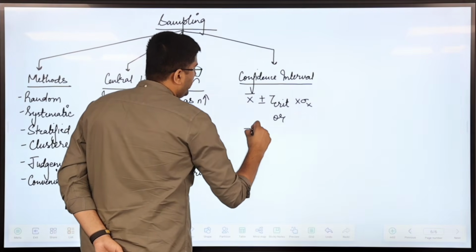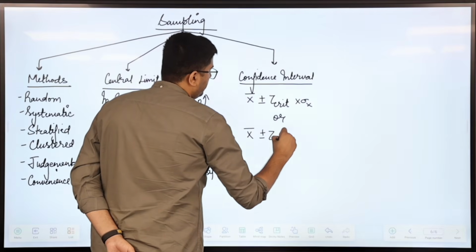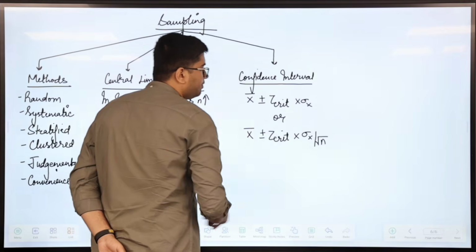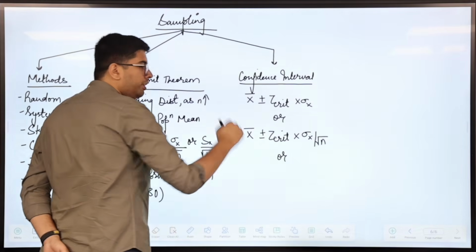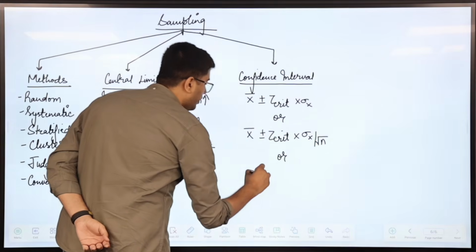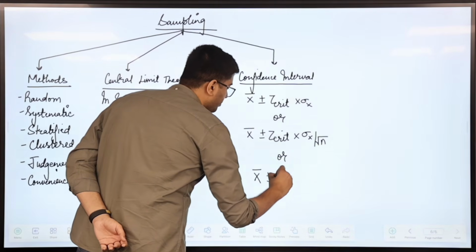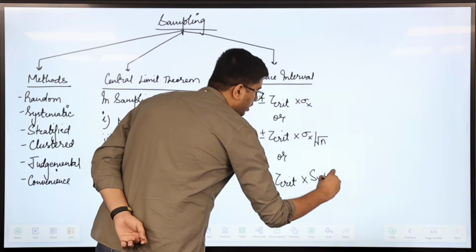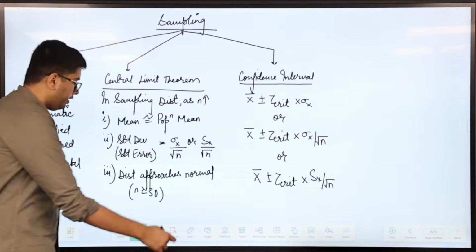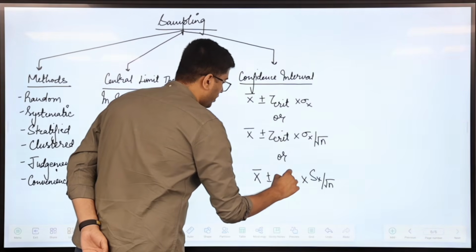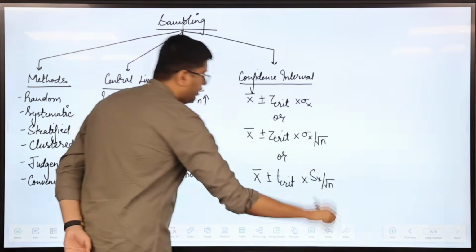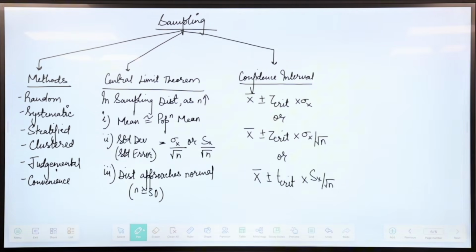If you're dealing with a sampling distribution, then Z critical multiplied by standard error. And if population deviation is not known, then we will use mean plus minus T critical, not Z, into standard error calculated using sample standard deviation.